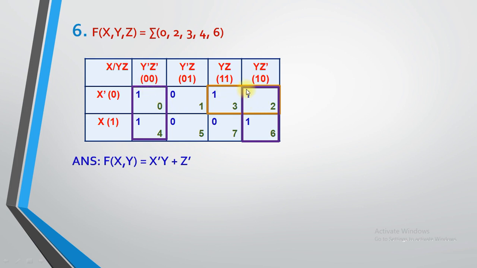Now consider the purple box. For this particular box, x dash and x, that means this will not be the output. Now for this box and this box, y dash and y. So again y dash and y is not considered. So only z dash is possible for this purple boxes.